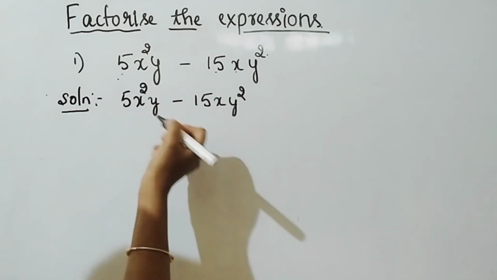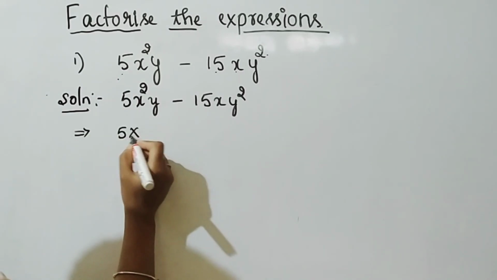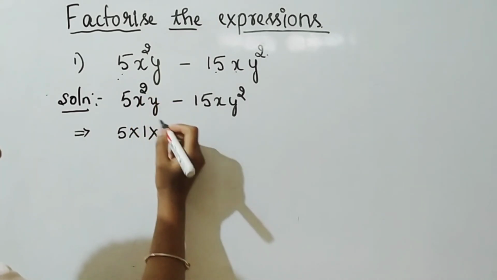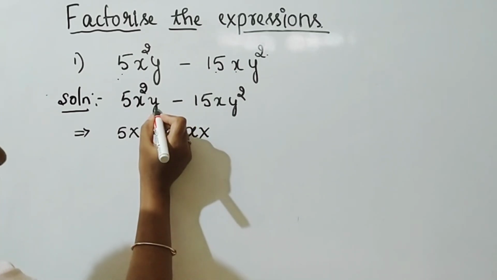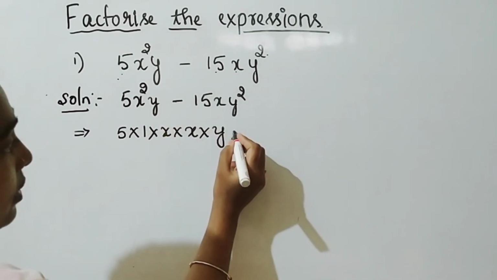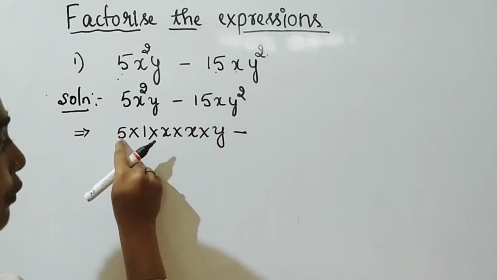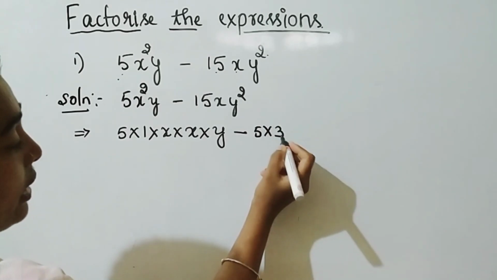Now 5 ones are 5 itself. So 5 ones are 5, into x square, which we can write as x into x, into y, take y, minus. 5 threes are 15. Already 5 is here, so I can take 5 threes are 15.